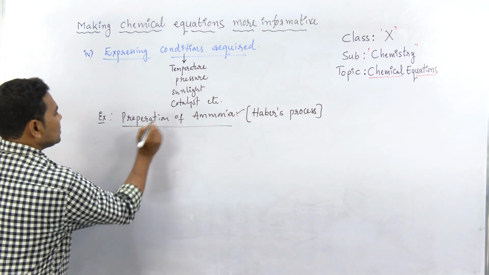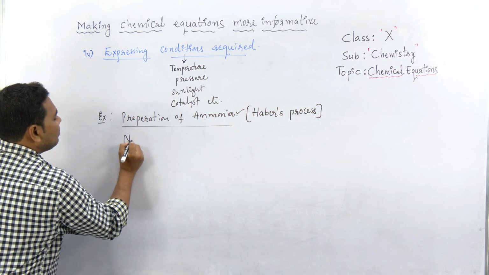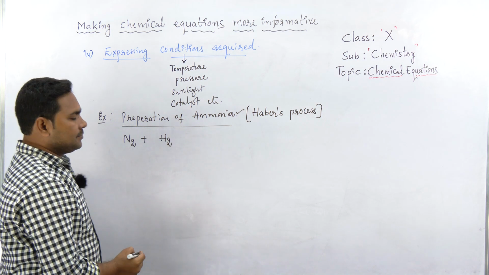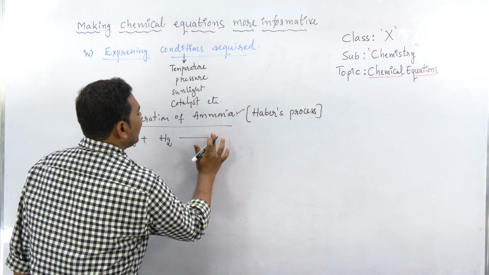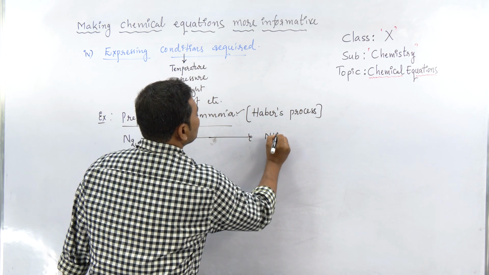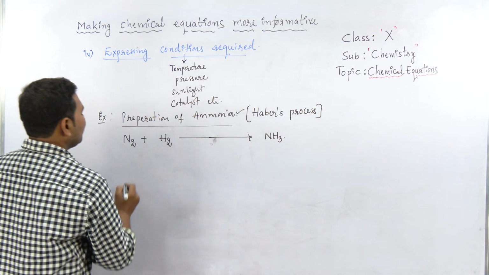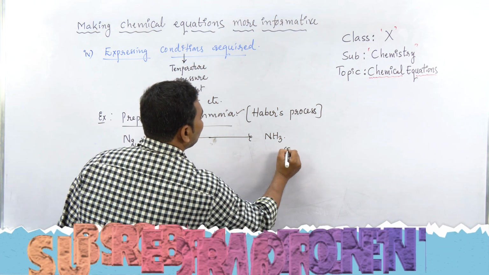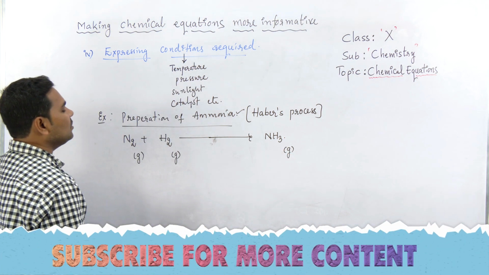In this process, ammonia is prepared from nitrogen and hydrogen. Nitrogen and hydrogen react with each other to produce ammonia, NH3. Here nitrogen is a gas, hydrogen is a gas, and the ammonia produced is also a gas.